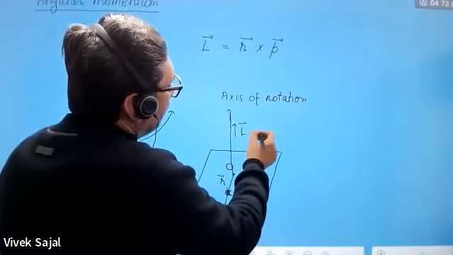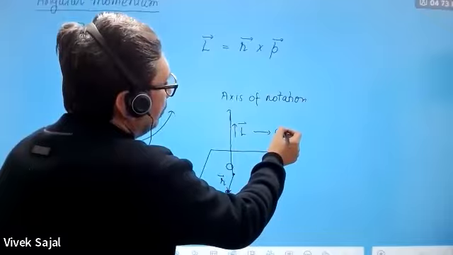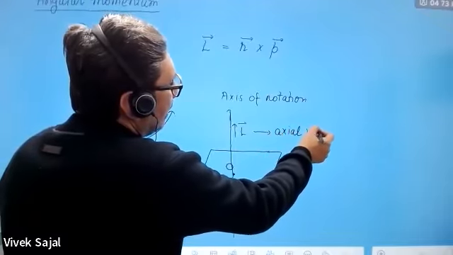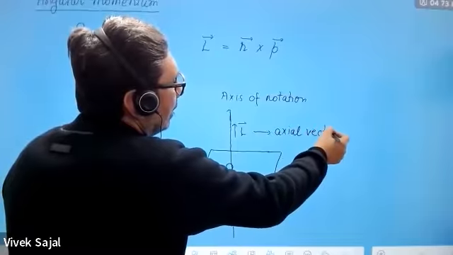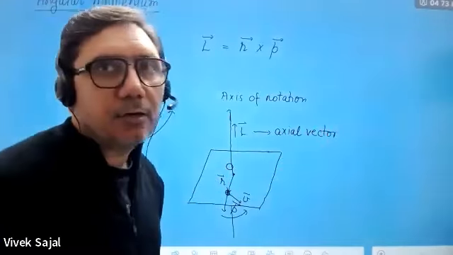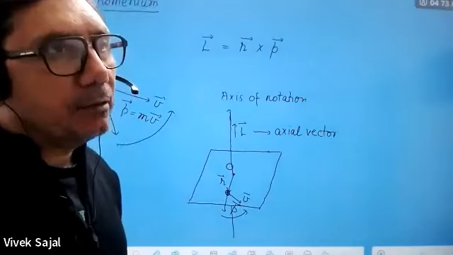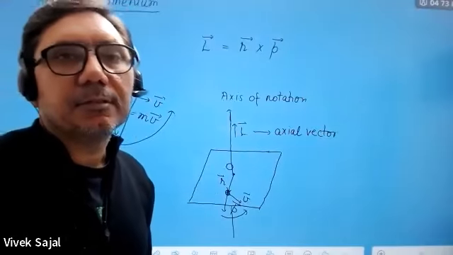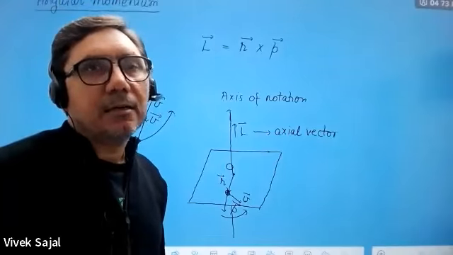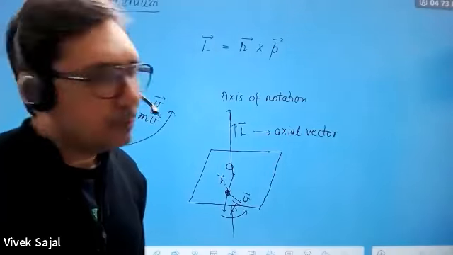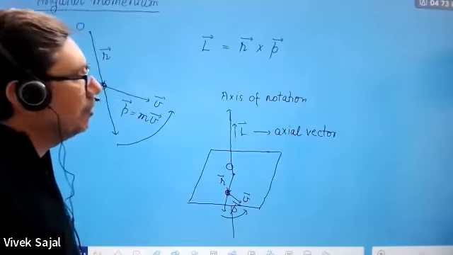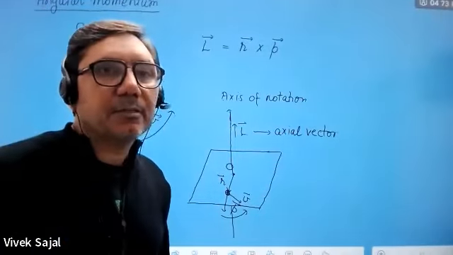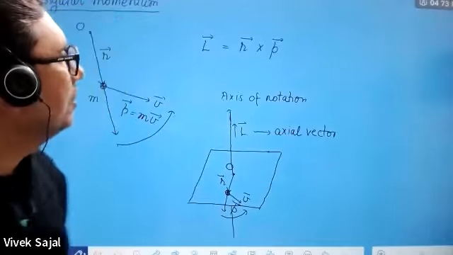That's why this L vector is called an axial vector. In the last class, when I was discussing torque, it was also parallel to the axis of rotation. That's why they are called axial vectors. These axial vectors actually come into the picture when rotational motion is involved.